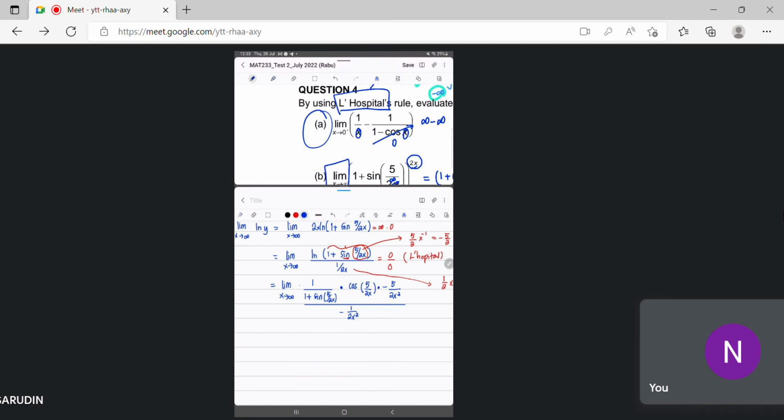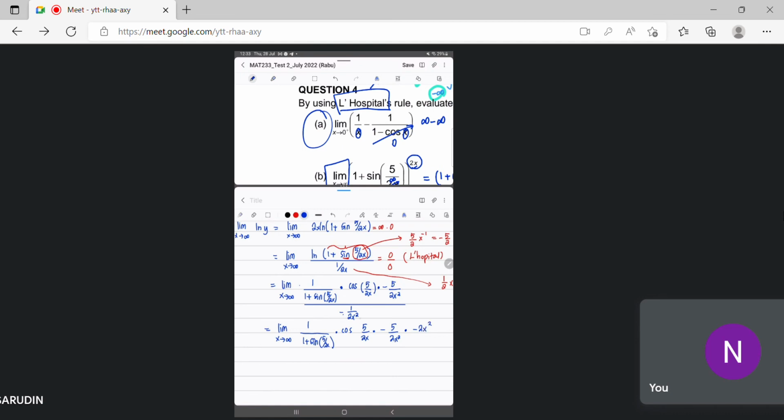Okay. And then this is fraction kan dekat denominator ni. So bawa ke atas. Kita nak simplify dah sekarang ni. Okay. Limit x approaching infinity. 1 over 1 plus sin 5 over 2x cos 5 over 2x minus 5 over 2x squared negative 2x squared.